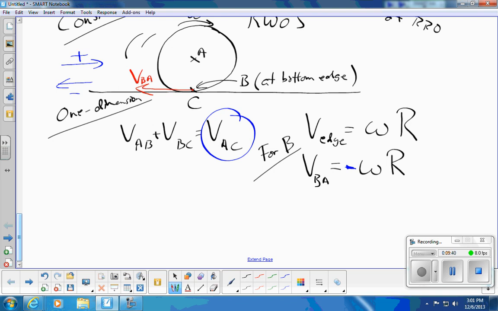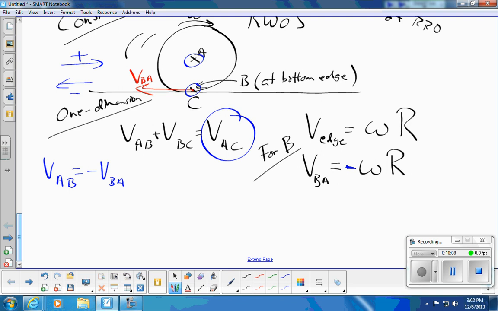So in other words, what we're saying here is, what is the velocity of the center of the wheel relative to the bottom? Well, to write this down, I can simply say that VAB is the negative of VBA, which is from relative velocity. If I'm moving 6 miles an hour south relative to you, you're moving 6 miles an hour north relative to me. The same magnitude, but the directions are reversed.